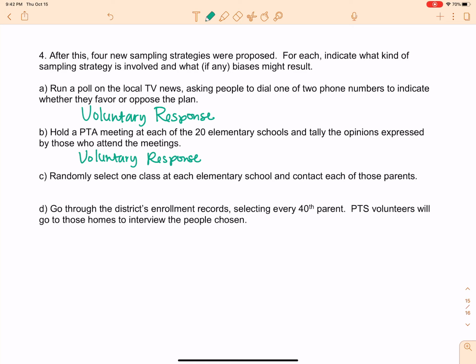All right, part C, randomly select one class at each elementary school and contact each of those parents.